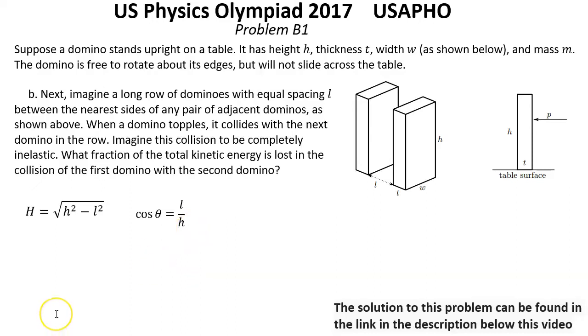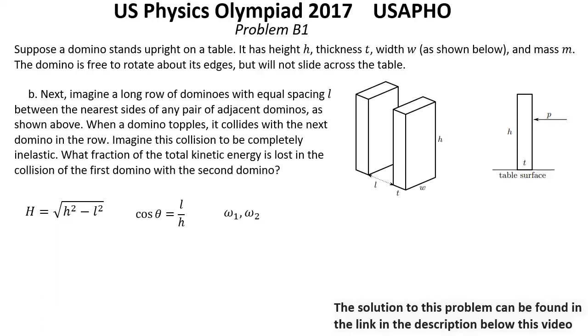Now, when we have an absolutely inelastic collision, it means that both points of this attachment have the same horizontal velocity. And now we can count this horizontal velocity using angular velocities for both dominoes.